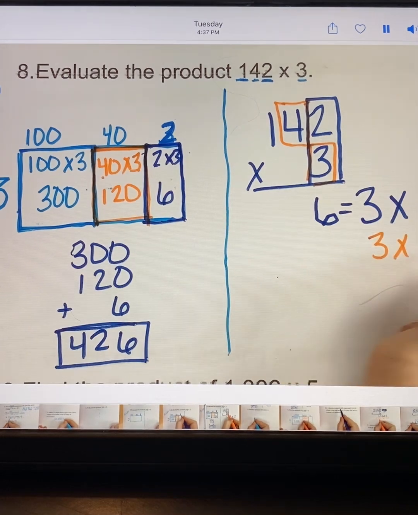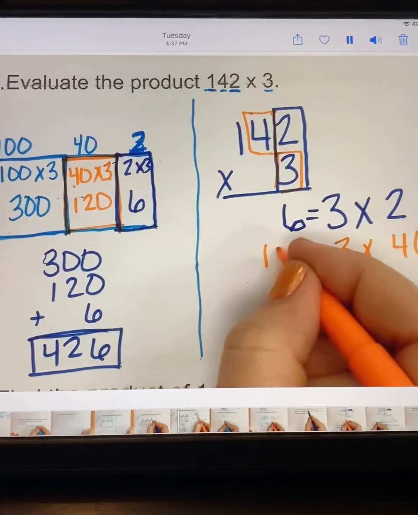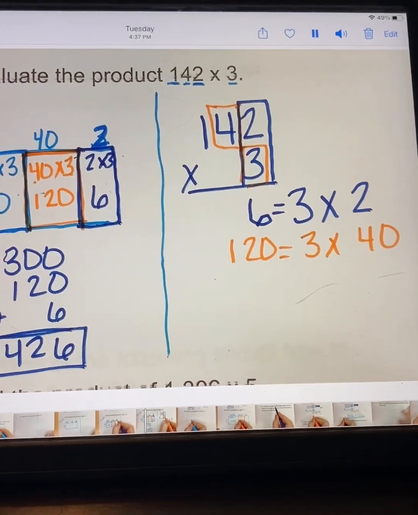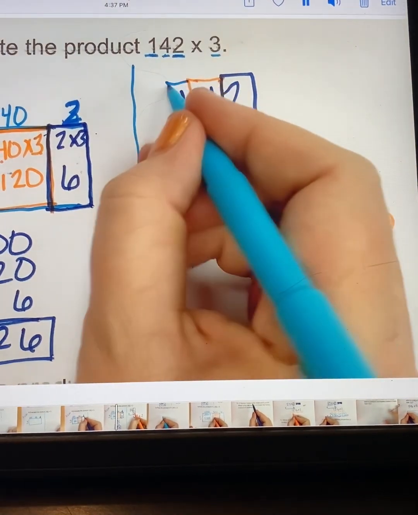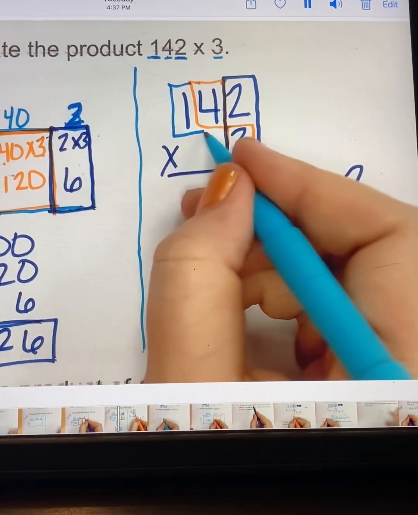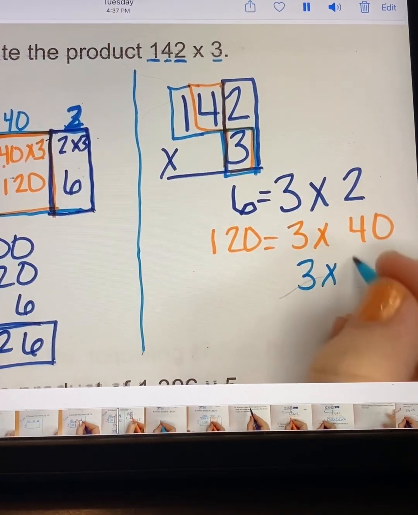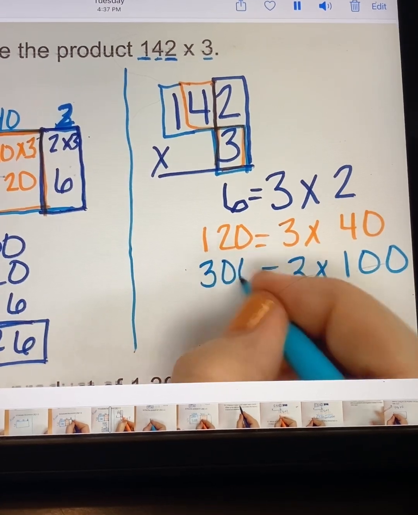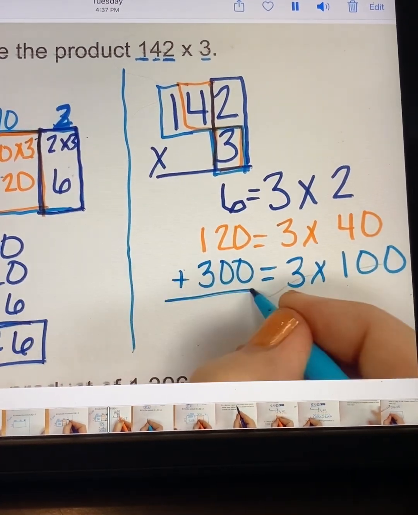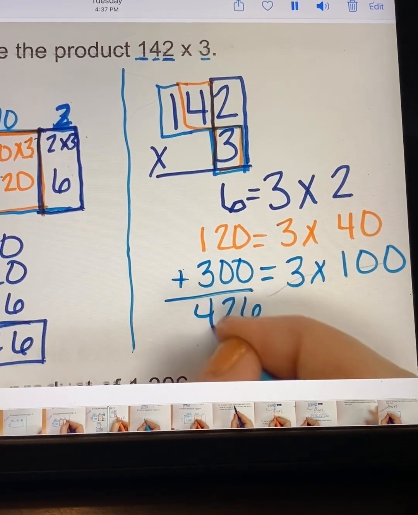So I'm multiplying 3 times 40. 3 times 40 is 120, so I'm going to write that down. Okay, now I'm going to multiply times my hundreds place, which is 100. So now I'm going to multiply 3 times 100, which is 300. And then I'm going to add those partial products together, and I get 426.